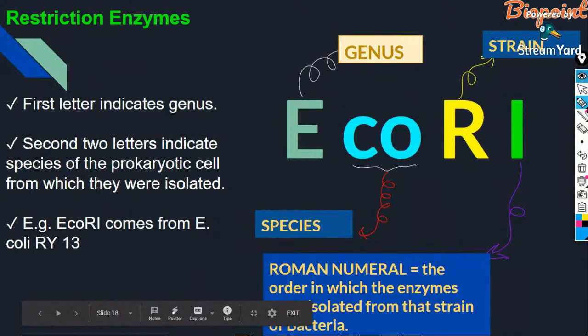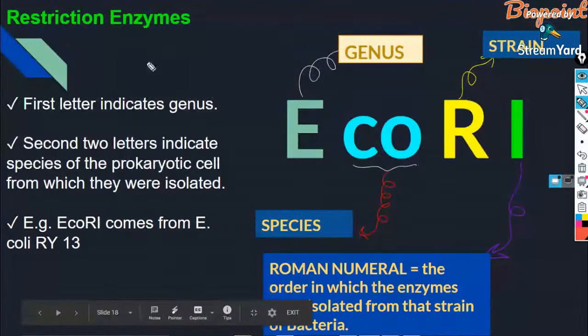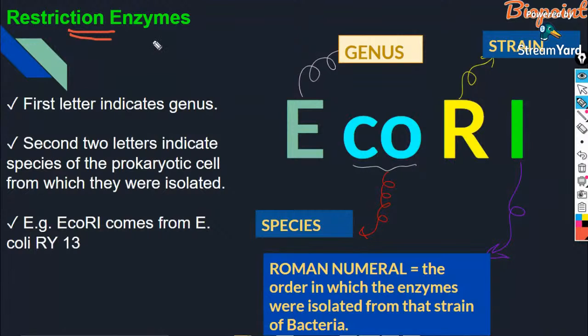Next, one of the common examples of a restriction enzyme is EcoR1. It's not EcoRI, it's EcoR1. You have to study how the naming of these terms is done. Clear?